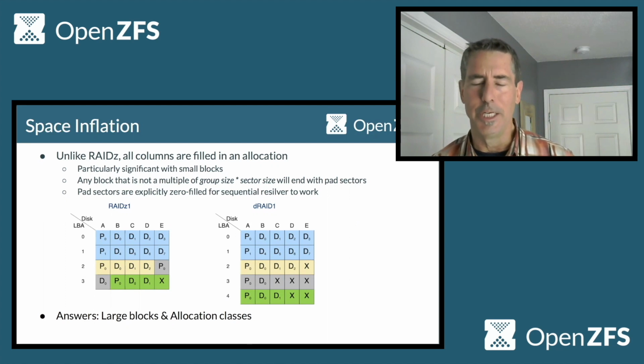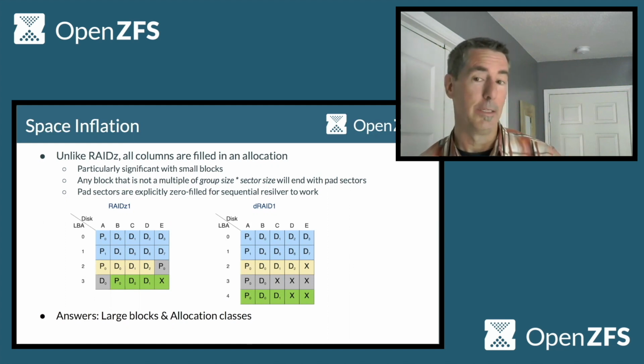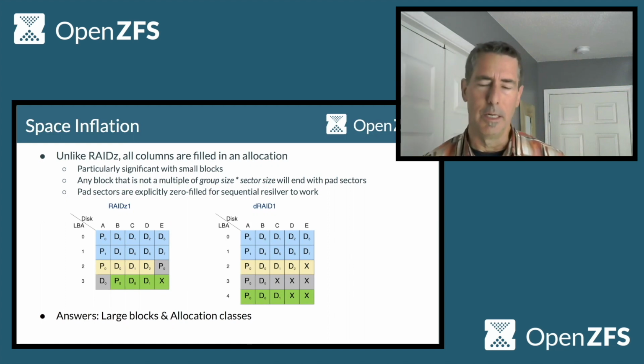So as the stripe width gets bigger, the minimum allocation size gets bigger. And this is even worse if you're looking at a 4K allocation sector size. Suddenly there's a significant amount of space potentially being left on the table to fill out these rows.